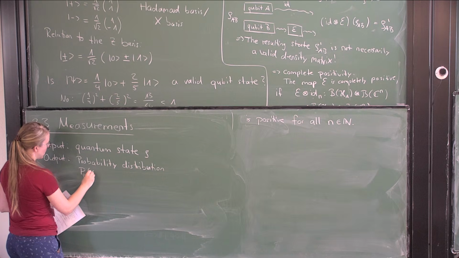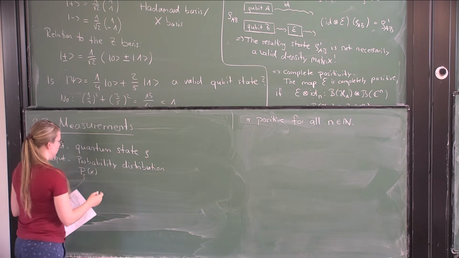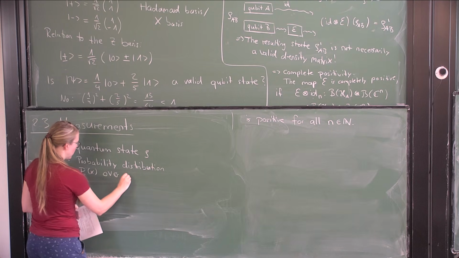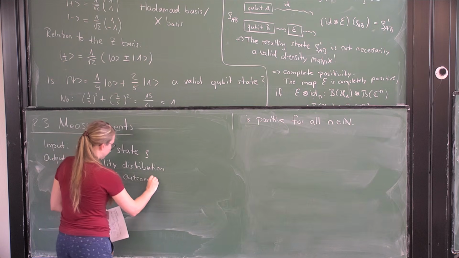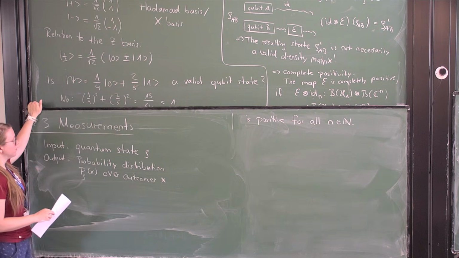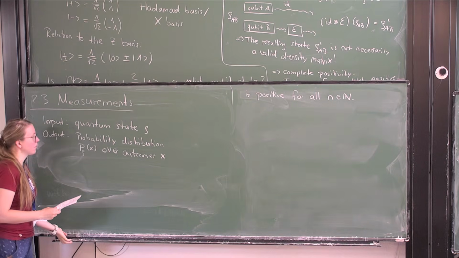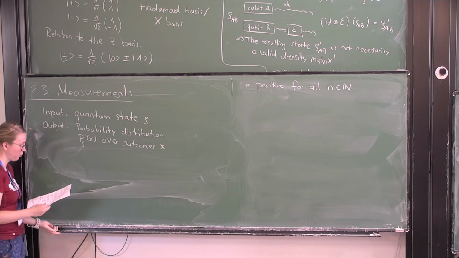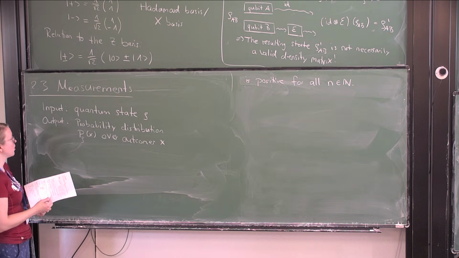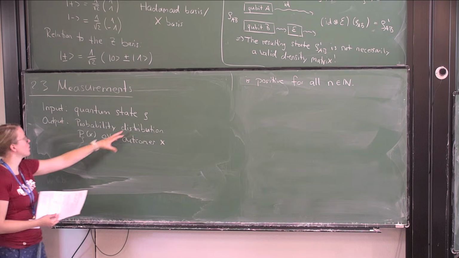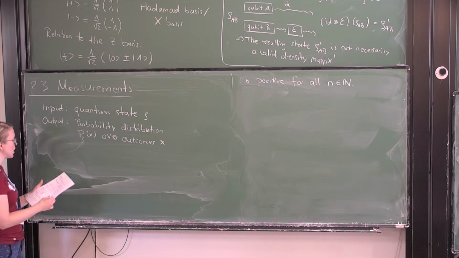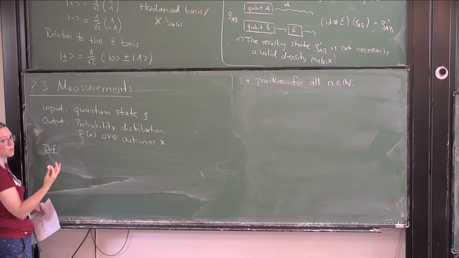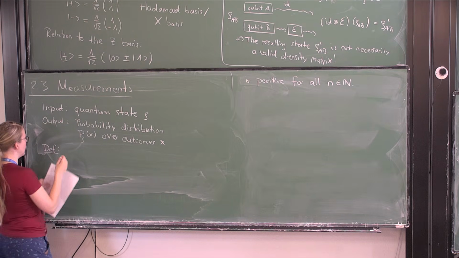For each possible outcome x, it gives the probability, so a probability distribution p_rho(x) for the outcome. If you know that it's some function of rho that spits out this probability distribution, then you can show that the proper mathematical object that captures these things is a positive operator valued measure.